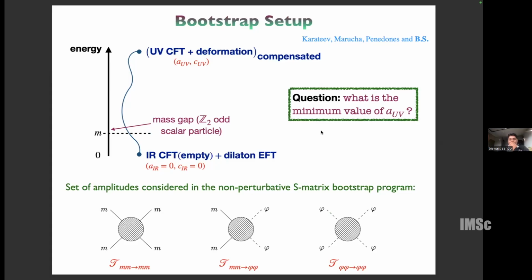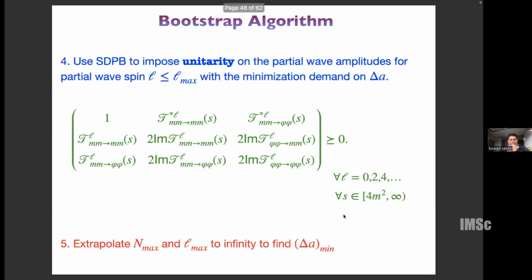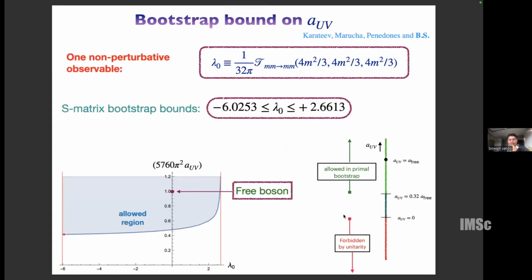To answer this, we need to set up a bootstrap problem involving multiple scattering amplitudes: two massive particles going to two massive particles, massive to dilaton, and 4 dilaton scattering amplitudes. We have to non-perturbatively parameterize them, use unitarity, and finally run a numerical SDP program. I have all these details, but with the time being I won't be able to explain them, but I will show the result.